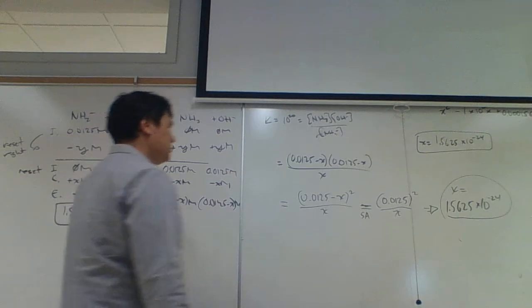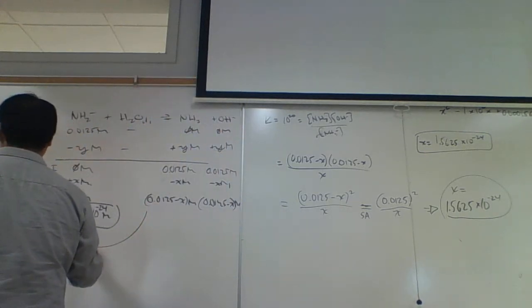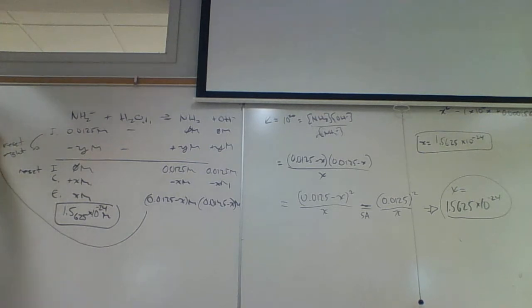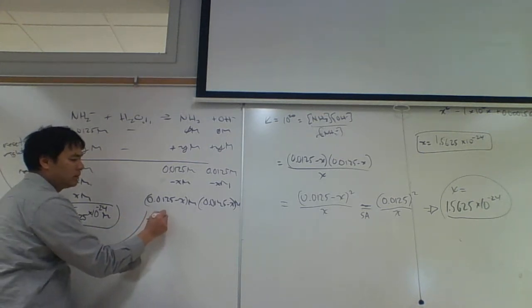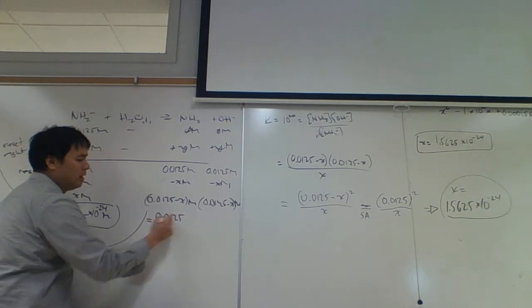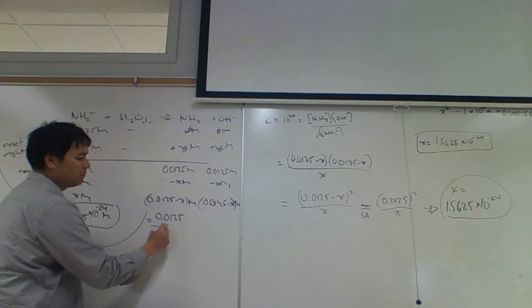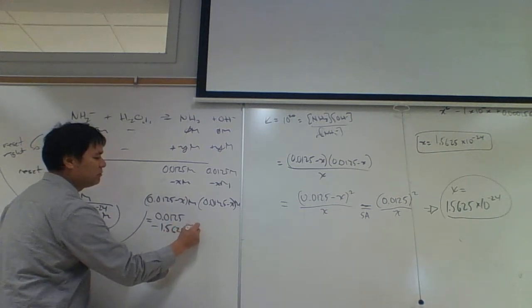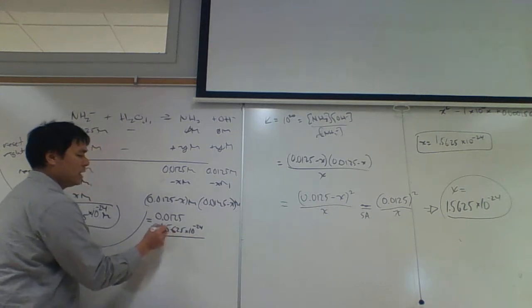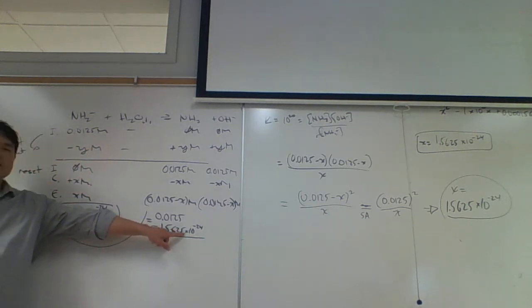Now, what should I do with this? You might think this is a little weird, but we're going to do it like this. Plug it into your calculator and tell me what we get. Take 0.0125 minus 1.5625 times 10 to the minus 24.